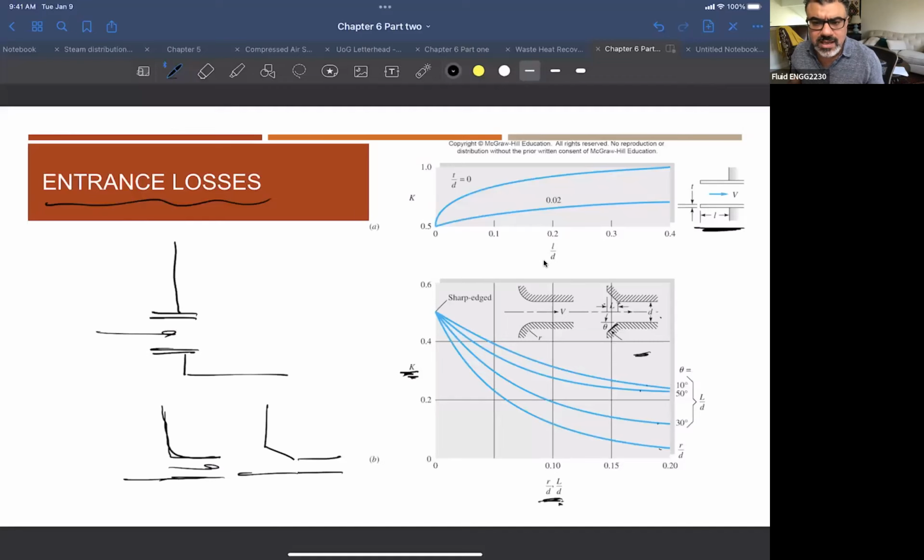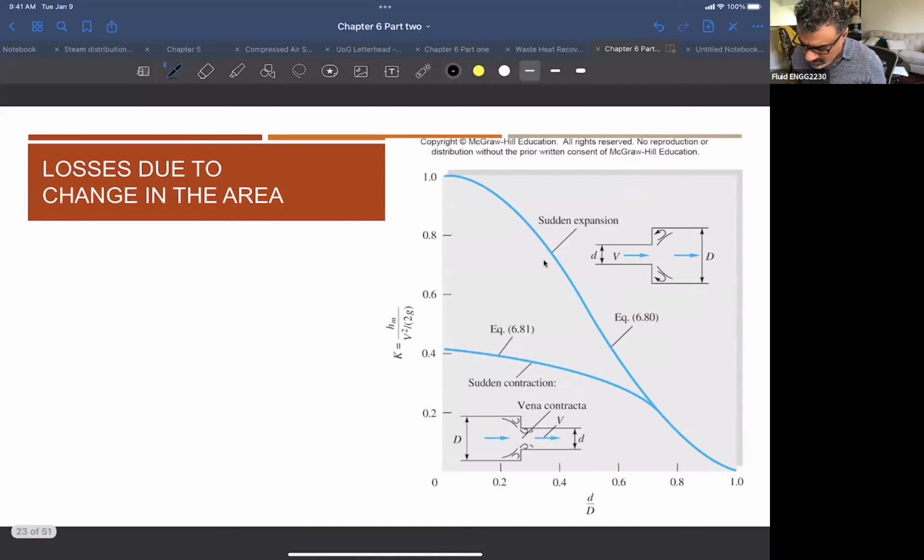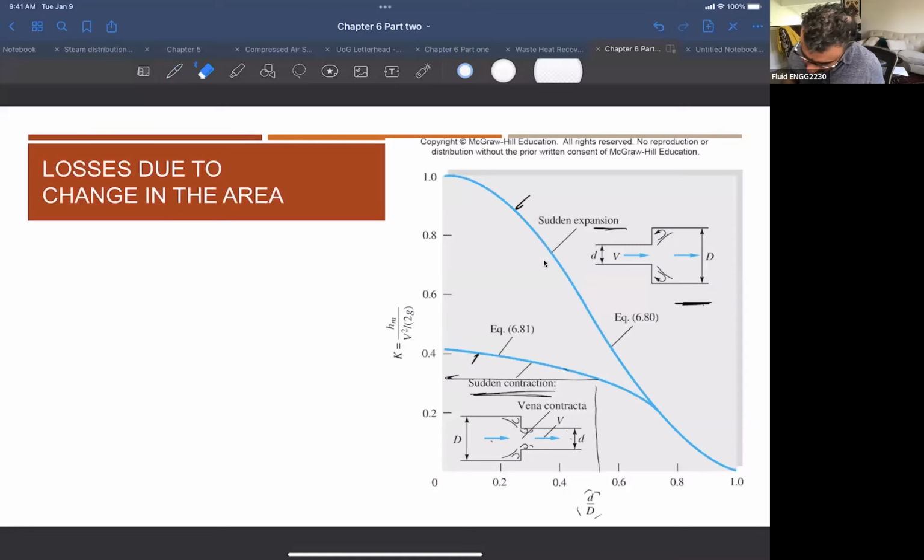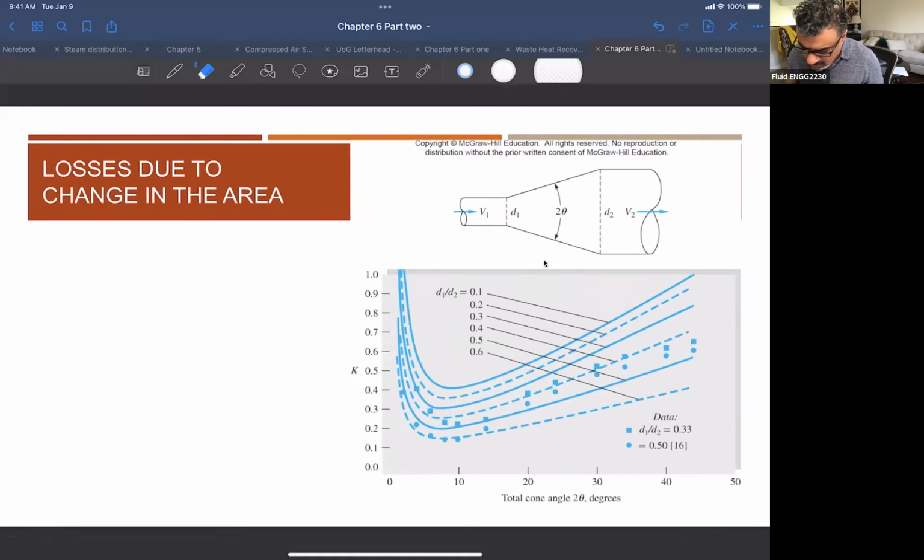Once you find out this K, the loss is basically, again, this is a sudden contraction, this is a sudden expansion, right? So this is a line for sudden expansion, this is a line for sudden contraction, and this is D over D. So, for example, here, the small diameter over the big diameter, find out this value, and then you go and find out your K. At the end, this is a gradual change pipe.